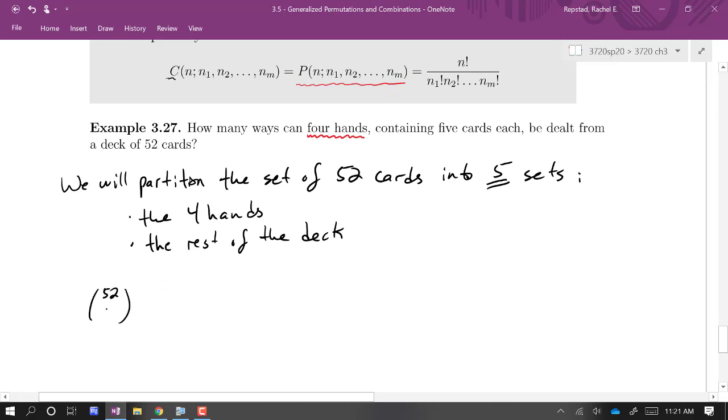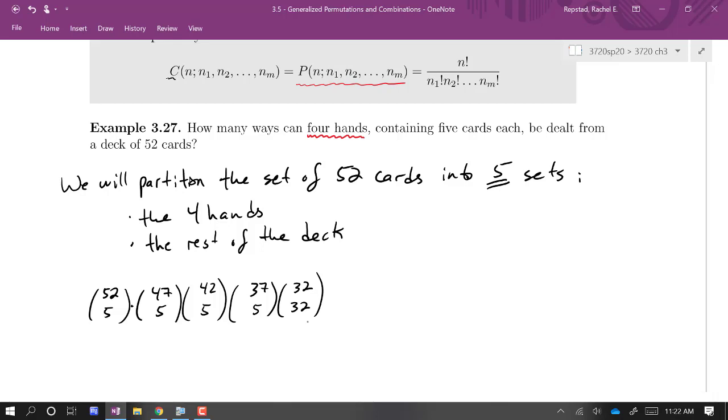That's 52 choose 5. That leaves us with 47 cards. We'll pick the 5 cards for the next hand. 47 choose 5. That leaves us with 42 cards. Pick the 5 cards that end up in the third hand. That leaves us with 37 cards. Let's pick the 5 cards that end up in the fourth hand. And now there's 32 cards left, and 32 choose 32 is one way to pick the cards that don't get dealt out.